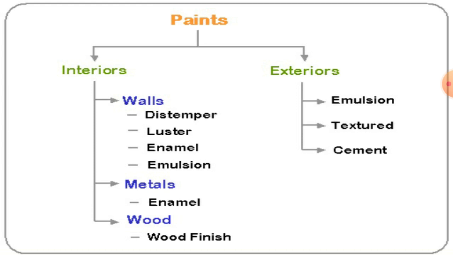On metals, enamel paints are used. And on wood, wood finish paints are used. The second type is exterior paints. Exterior paints include emulsions, textures, and cements.